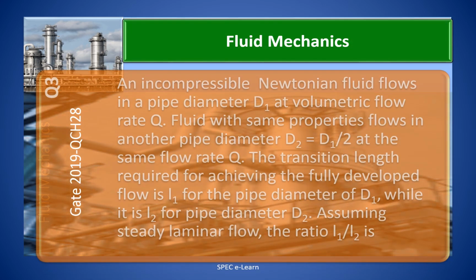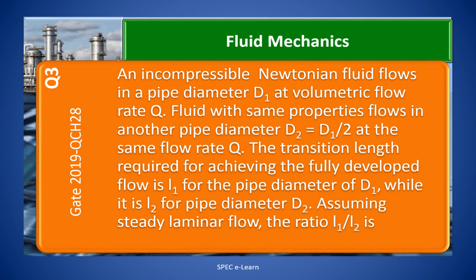GATE 2019 question number 28. An incompressible Newtonian fluid flows in a pipe of diameter d1 at volumetric flow rate q. Fluid with the same properties flows in another pipe of diameter d2 equal to d1 by 2 at the same flow rate q. The transition length required for achieving the fully developed flow is L1 for the pipe diameter d1, while it is L2 for pipe diameter d2.